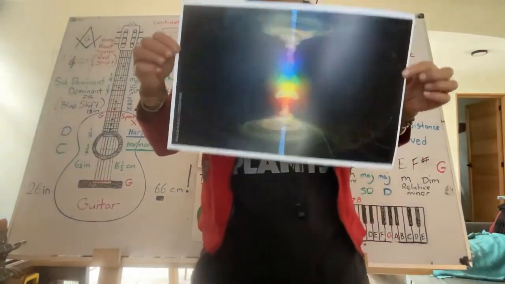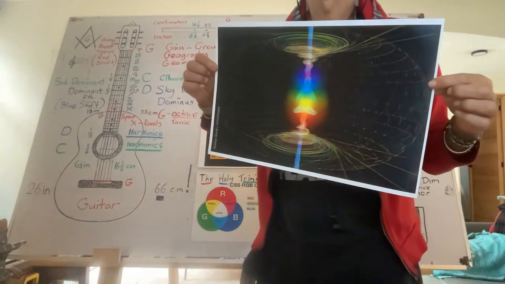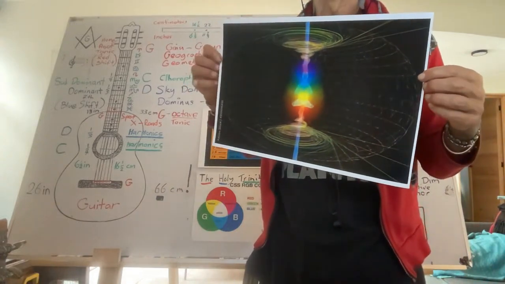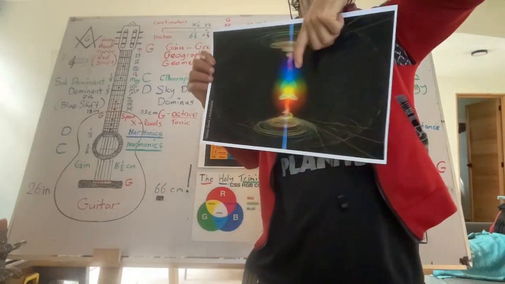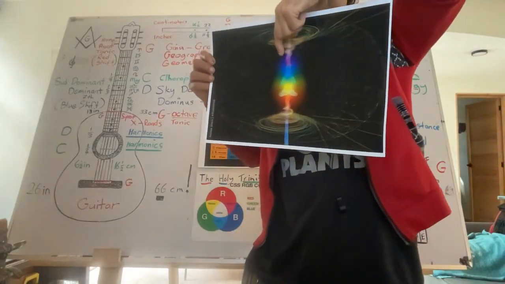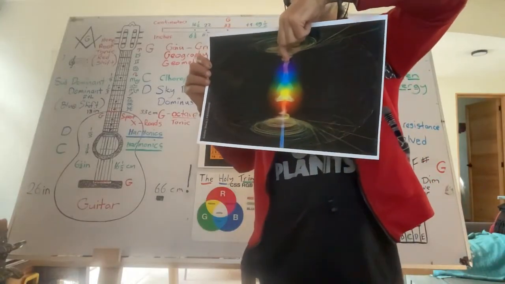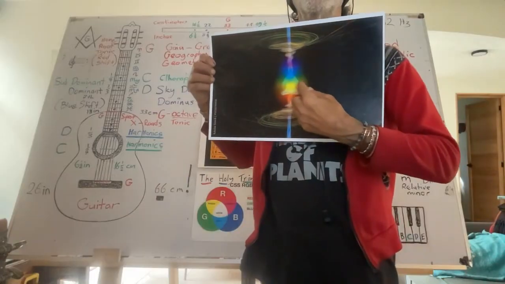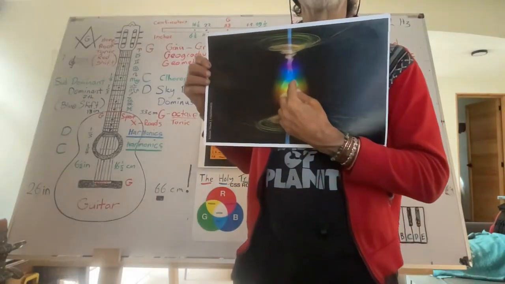Your torso. So your heart is green. Your head, your throat chakra is blue. So everything blue is above you. You're living on the plane of the earth. Your heart and earth are the same word.